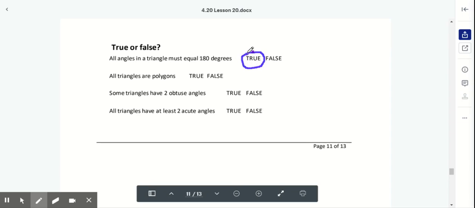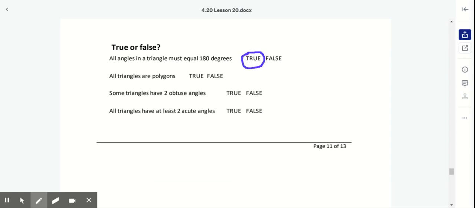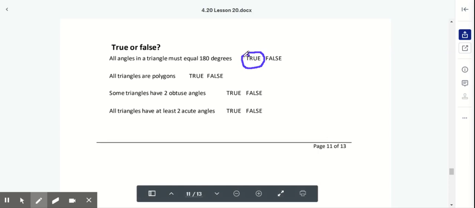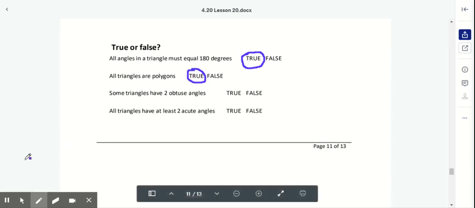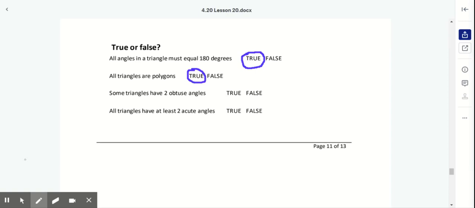So that is true. I also asked this question earlier. All triangles are polygons. Are they? Yes, they are, because triangle is a subcategory of polygons.